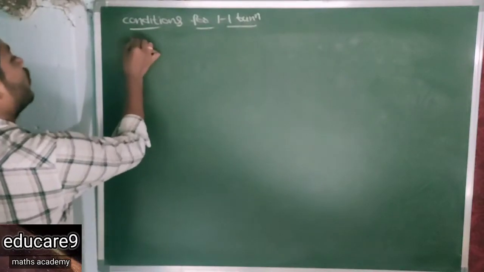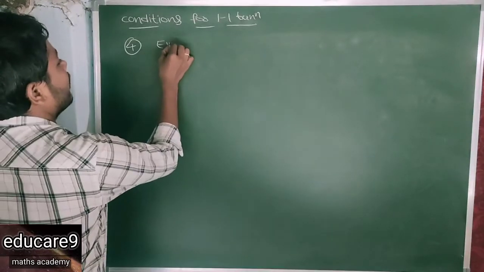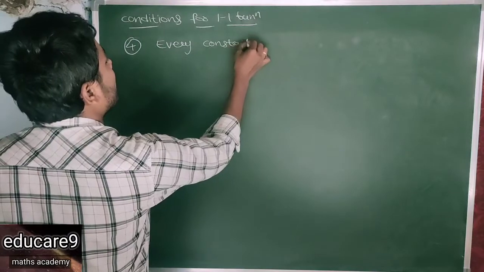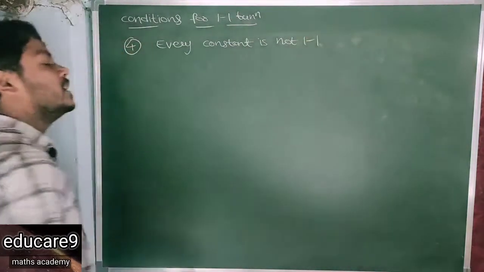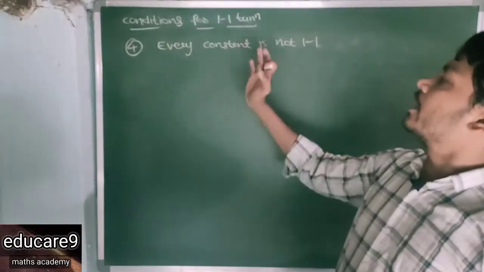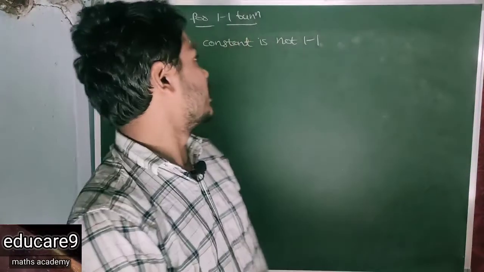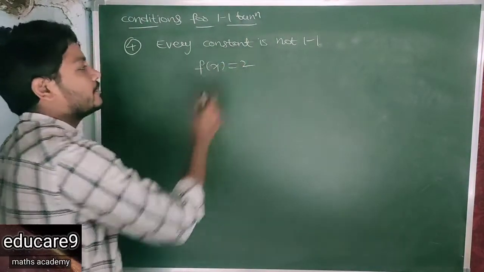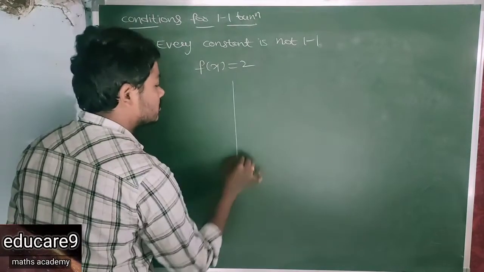Next, fourth condition. Every constant function is not one-one. If the given function is a constant function, then clearly that function is not one-one. See here, for example, f of x is equal to 2. So draw the graph of the given line.